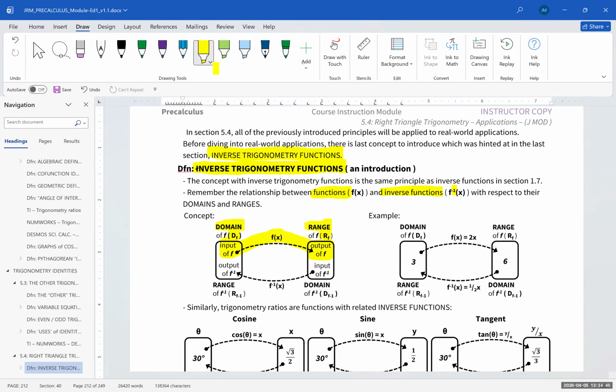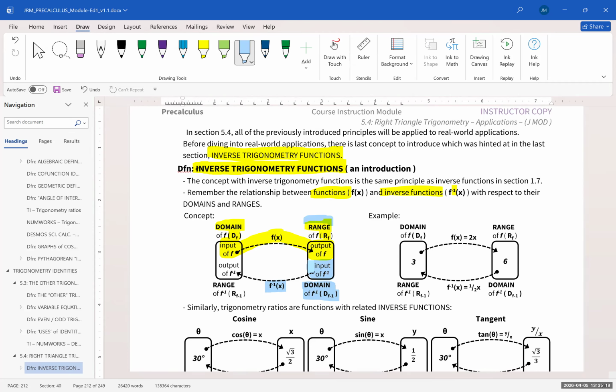Now, when we go through the process of taking f and finding its inverse, this inverse function that we find takes the outputs of f, and those outputs of f now become inputs for the inverse function. What was once the range of f now becomes the domain of our inverse function.